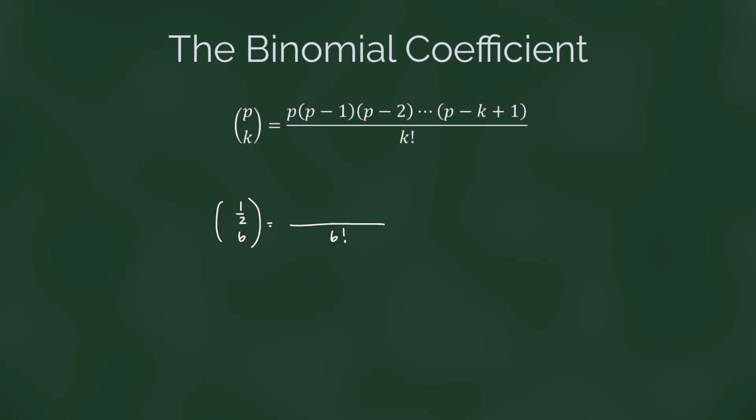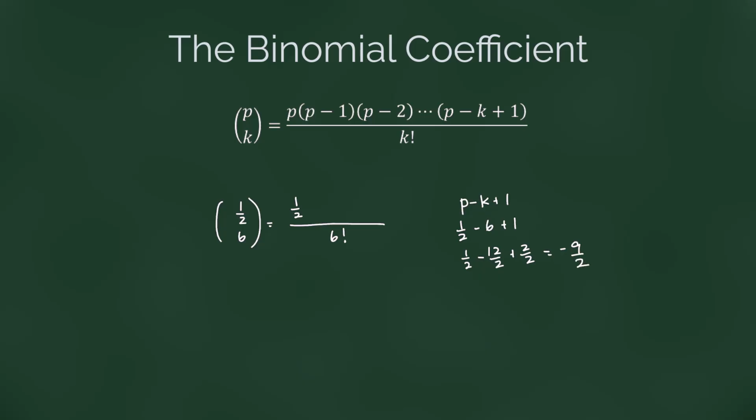We also know that our numerator, we're going to start with 1/2, and then we're going to keep taking off 1 from that until we get down to the last value. But the last value is p minus k plus 1, which in this case is 1/2 minus 6 plus 1. Well, that's 1/2 minus 12 halves plus 2 halves, which gives us negative 9 halves.